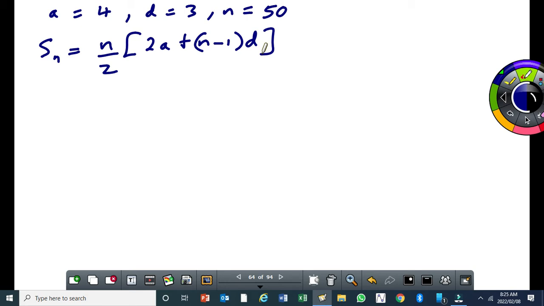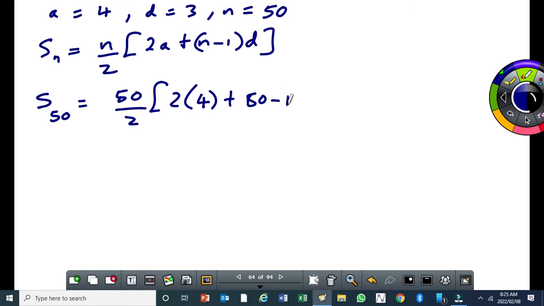Please, we use this formula when you want to determine the sum of an arithmetic series. So we have 50 terms, so S50 will be 50 divided by 2 times, in this case our A is 4, plus 50 minus 1 times D, which is 3.